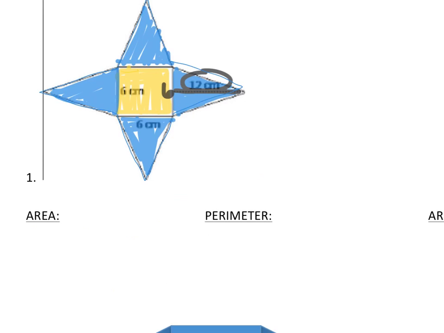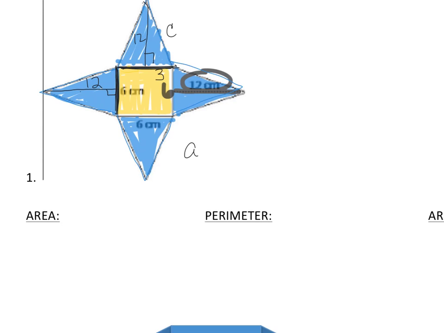If I know that one triangle all the way across is 6, and it's split down the middle by the height, or in other words, 12, this is a right triangle. You might even want to draw it up here so you can see it a little better. There's 12, and then if all the way across is 6, then that means A is 3. So I need to find C, the hypotenuse.